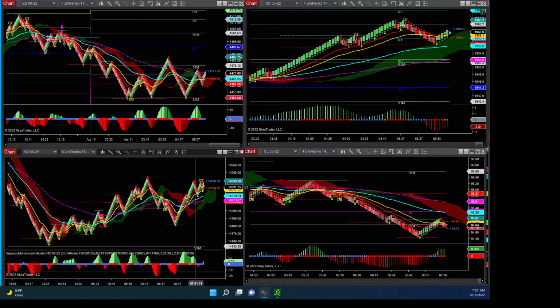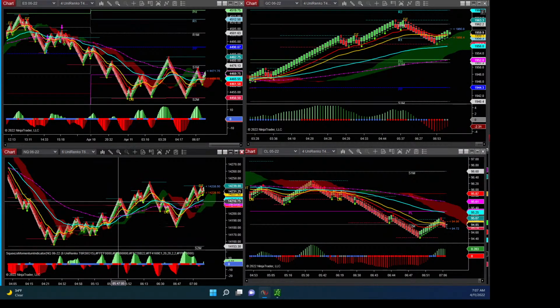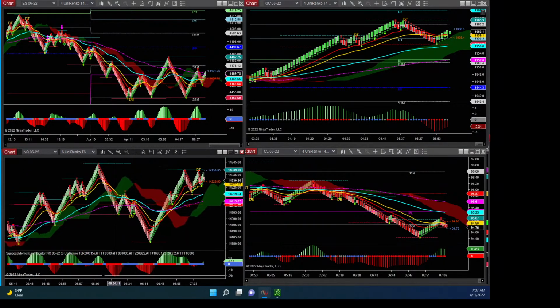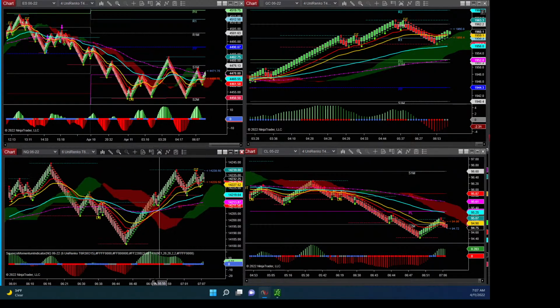NQ made a move down in the overnight, and now it's consolidating, potential reversal here. We'll see what it does, but it's bearish now.